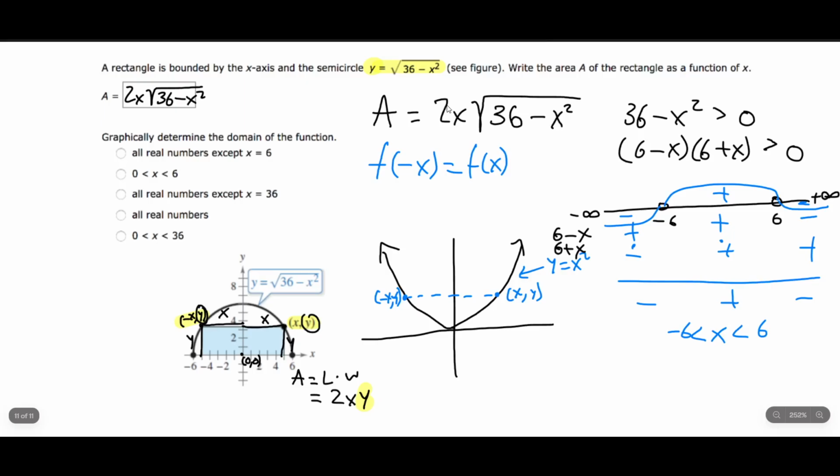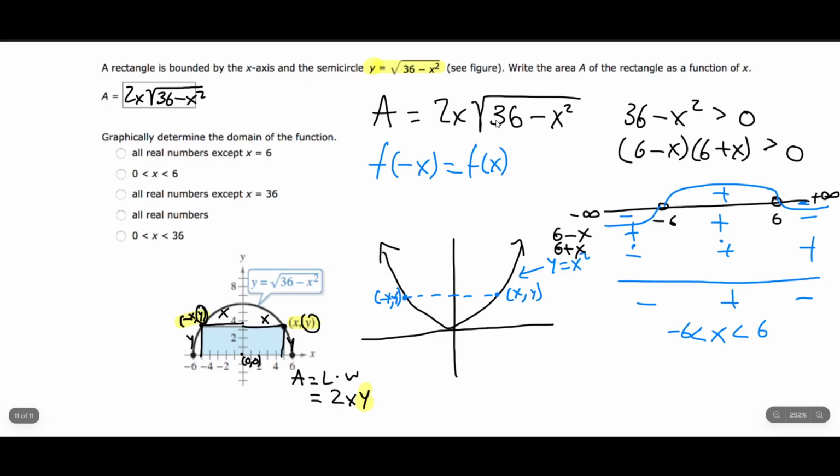And then, of course, going down to here, making it easier on ourselves, we can also see here x cannot be negative, obviously.